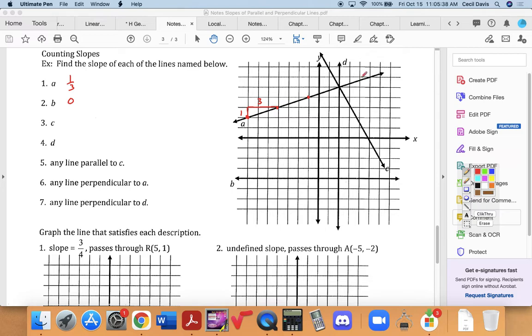For line C, let's see, I can use this point. It kind of looks like it hits at that point, but does it actually? Well, if I wanted to, I would go to the next lattice point, which is all the way down here. Is this point right here the same distance away from this point as it is from this point?